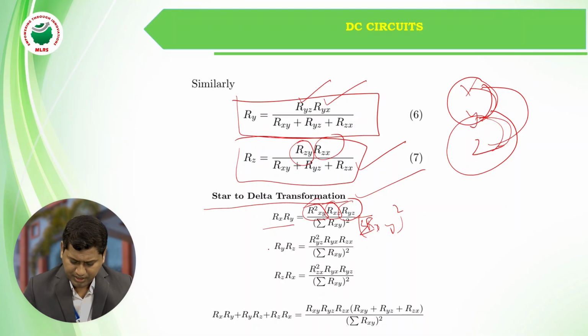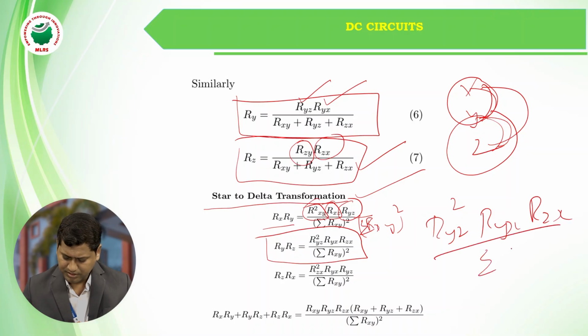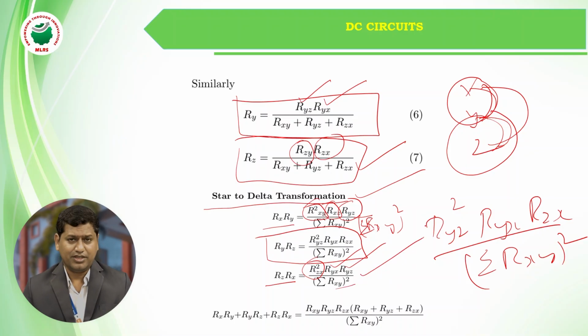Similarly we are going to get Ryz, that is Ryz square, Ryx, Rzx divided by the algebraic sum of Rxy whole square. Similarly we are going to get it for the Rz and Rx combination, that is Rzx square multiplied by Ryx multiplied by Ryz divided by the algebraic sum of Rx square.